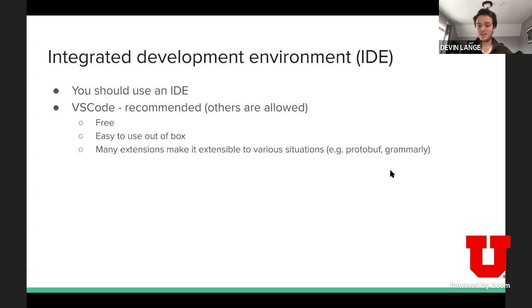So for instance, just a couple examples from my experience the last couple of weeks. I'm using this data format, and it has its own specific syntax. VS Code doesn't have anything for that built in, but protobuf is the data format, and there is an extension that does all the syntax highlighting and auto-completion for that.